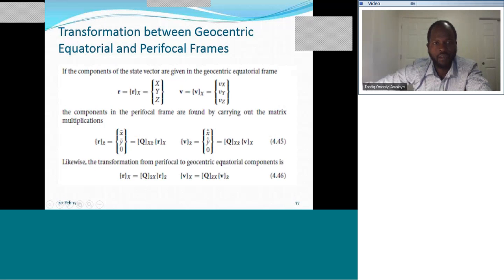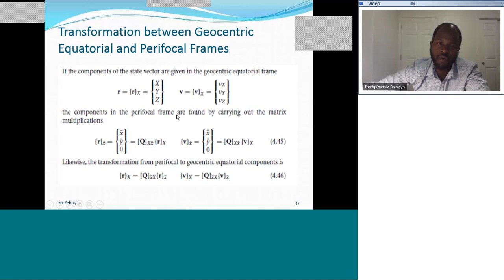So the components of the state vector are given in the geocentric equatorial frame as R with components x, y, z, and then the velocity vector given in terms of its components in the x, y, z frame.